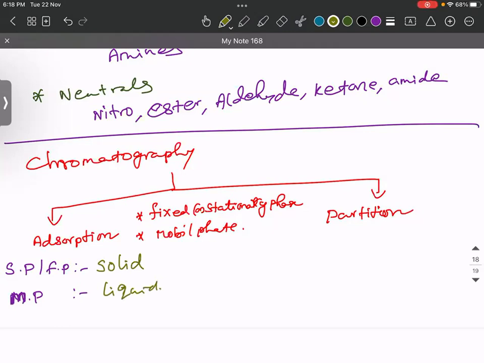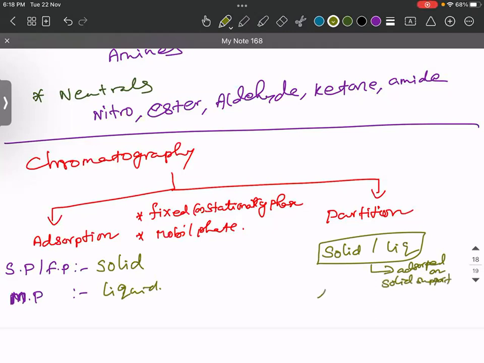Whereas in partition, the stationary phase may be solid or liquid, supported or adsorbed on a solid support, and the mobile phase is a liquid. So the distribution of compound between solid and liquid gives this chromatography.